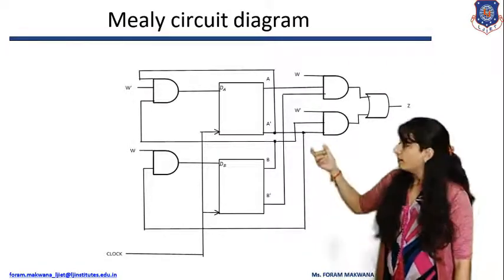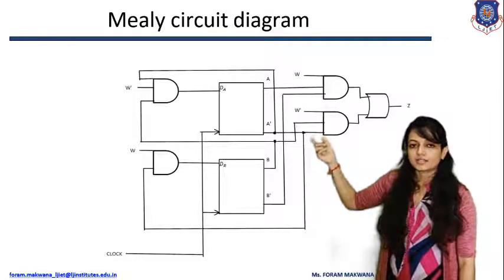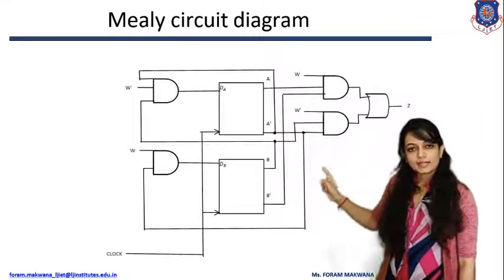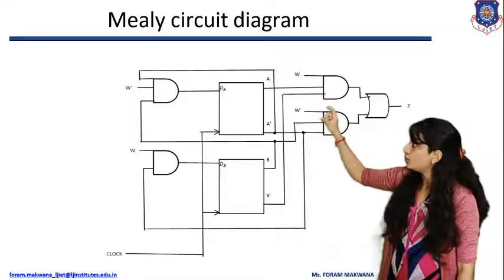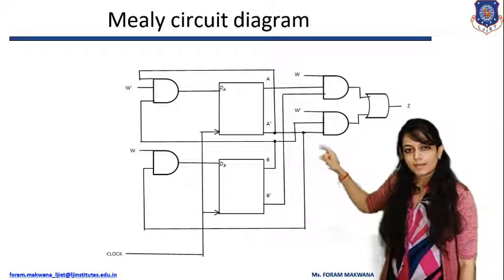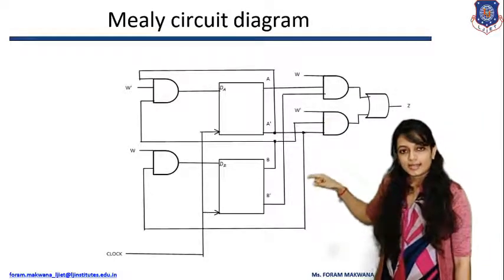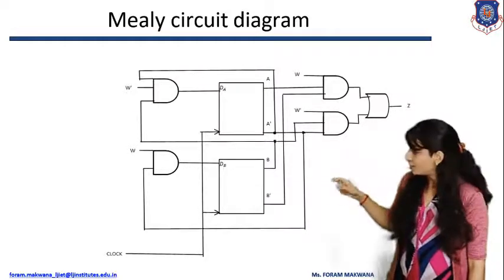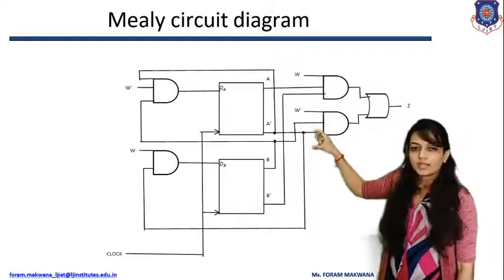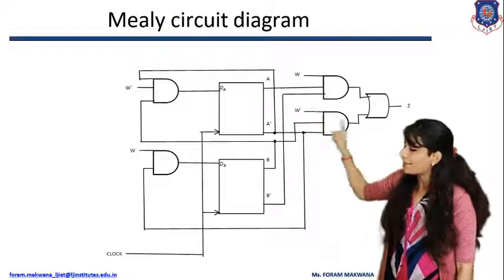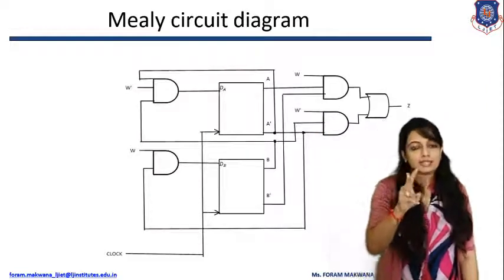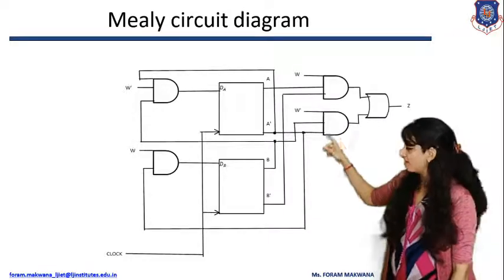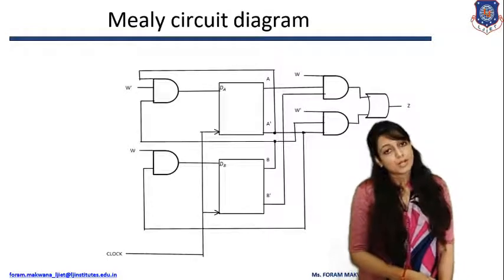Now, what we have written over here, as we have discussed, for Z it is W, A and B bar. That means we are going to use an AND gate. The second AND gate is for W dash, A dash and B. So that is applied to the input of the AND gate, and the outputs of these two AND gates are applied to the OR gate, because we have two min terms and these two min terms are separated with the help of an OR gate. So the resultant is my output, that is the primary output Z.